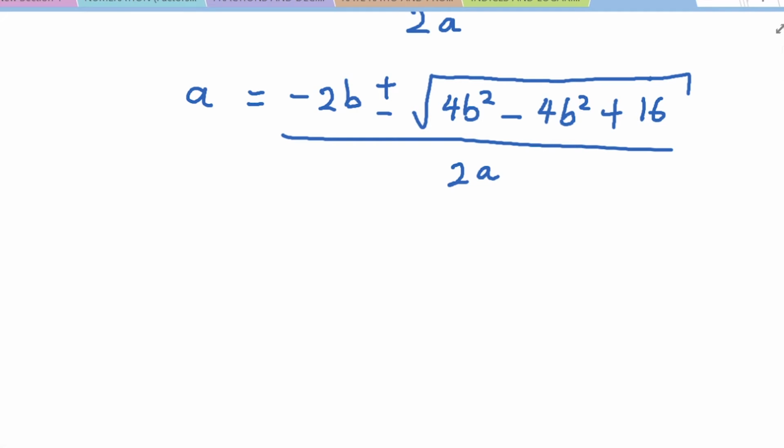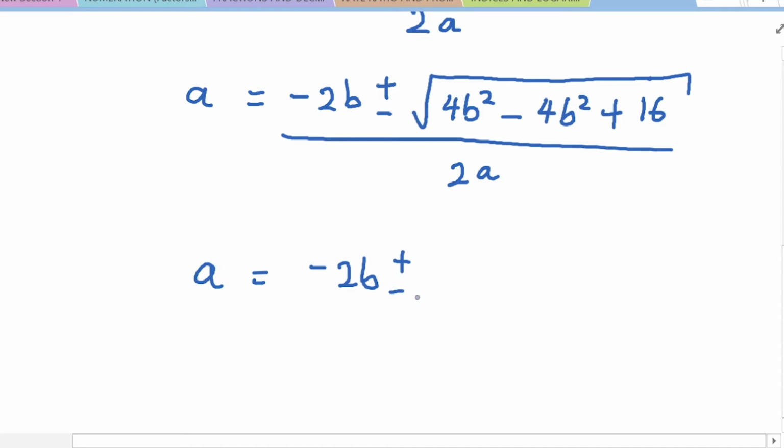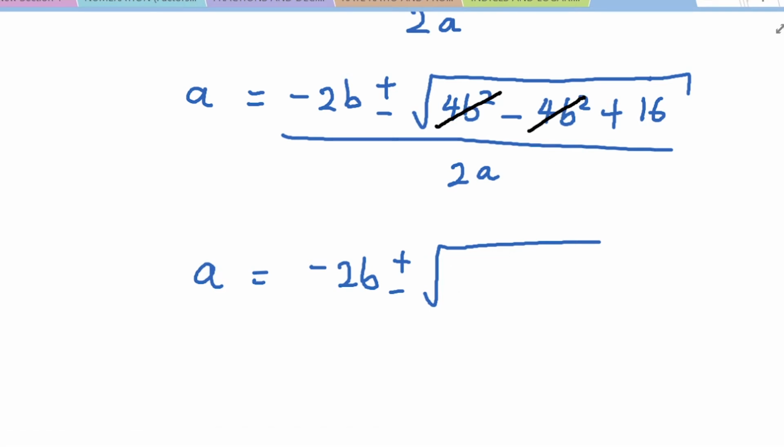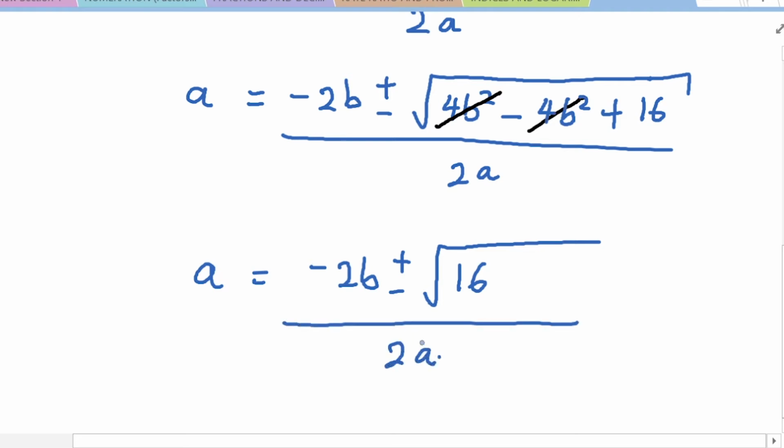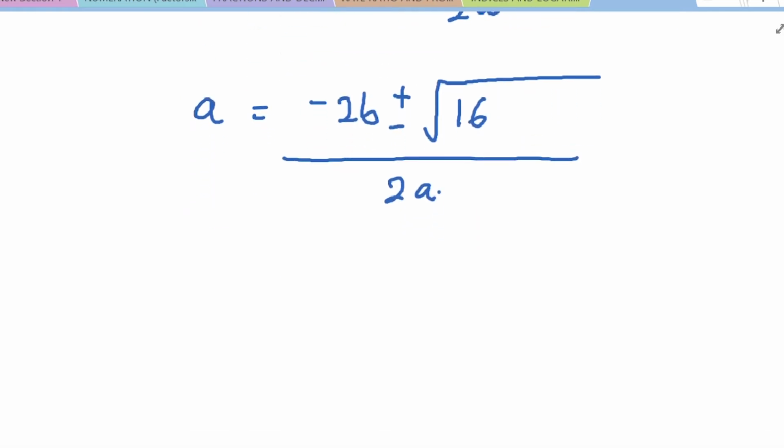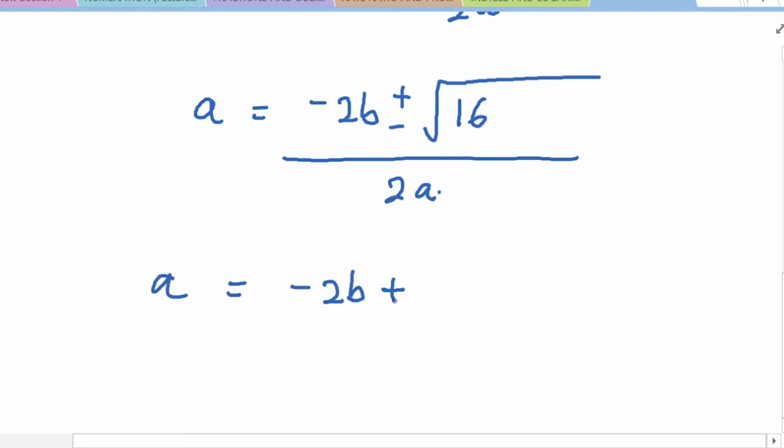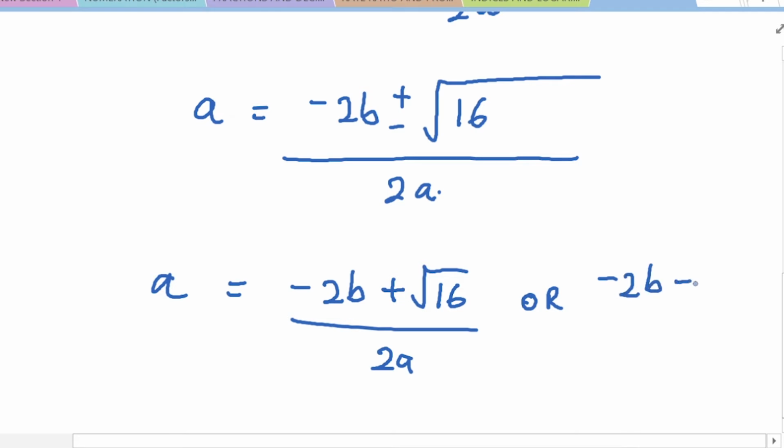So my value of a is given by minus 2b plus or minus, you realize that here inside, this and that will go, you remain with the square root of 16, divided by 2a. Now this simply means that my value of a is either negative 2b plus the square root of 16 over 2a, or negative 2b minus the square root of 16 over 2a.